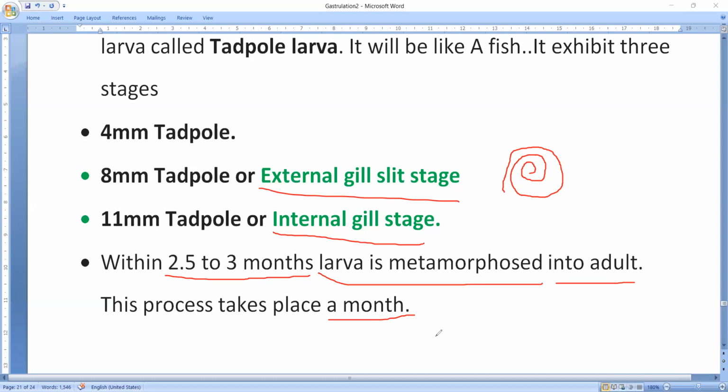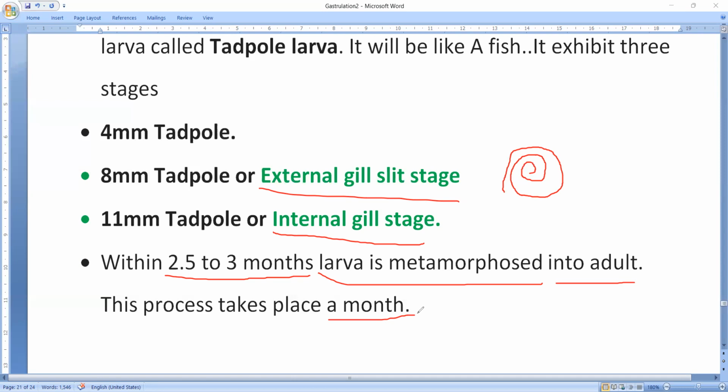First of all, the larva is herbivorous whereas the adult is carnivorous. The larva respires with internal gills or external gills, whereas the adult respires by skin and the pulmonary sacs, or what we call lungs.